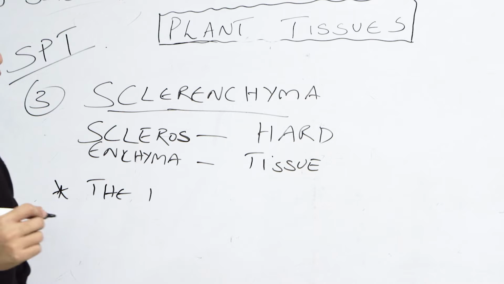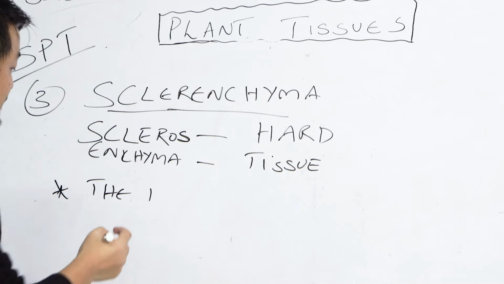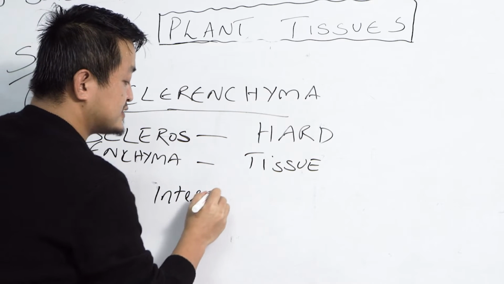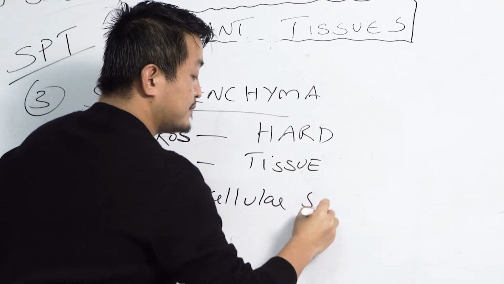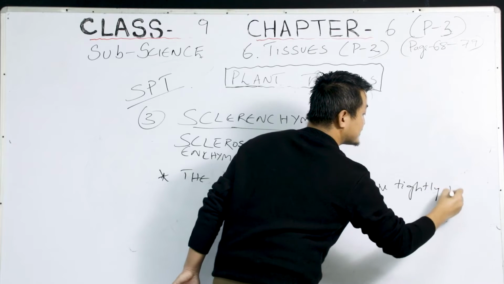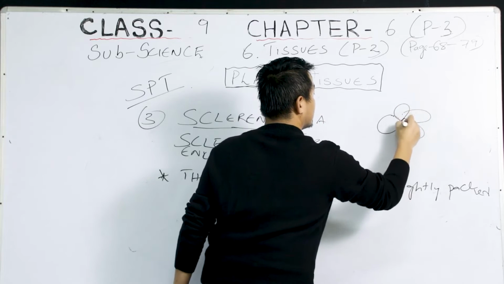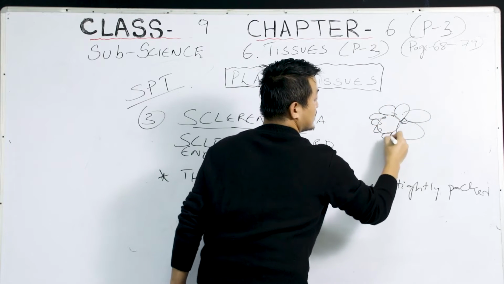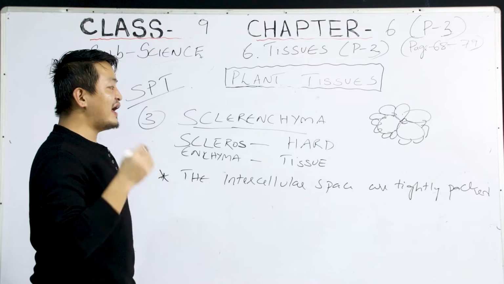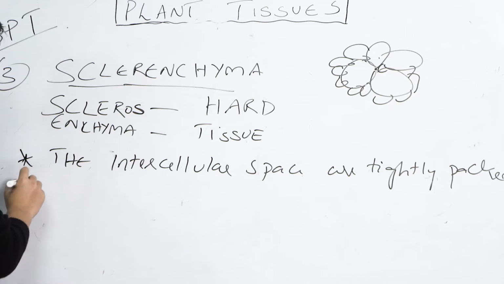That's why this is towards rigidity and hardness. In this type of cells, you will not find any space between them.